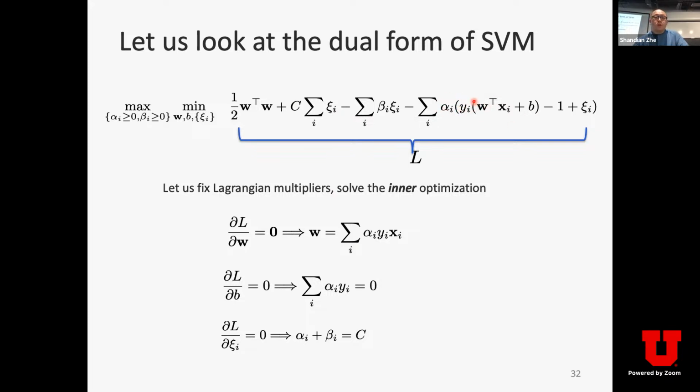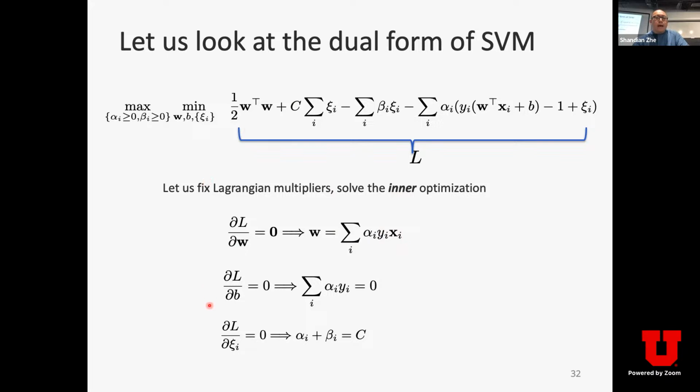Because it's just a linear dot product with xi, the gradient will be just xi times yi and alpha i. So if you set the gradient with respect to W to be 0, you simply get W equals the summation of alpha i times yi times xi. And that's it.